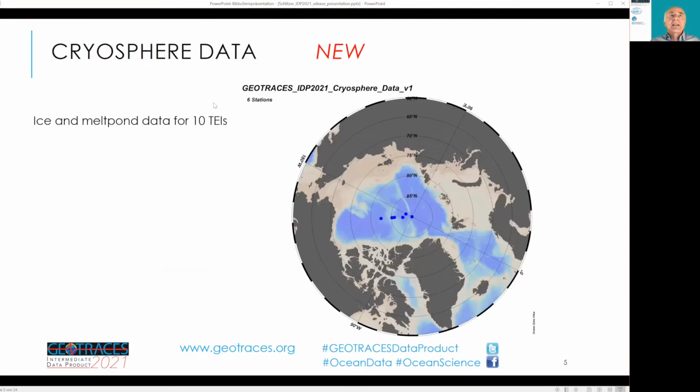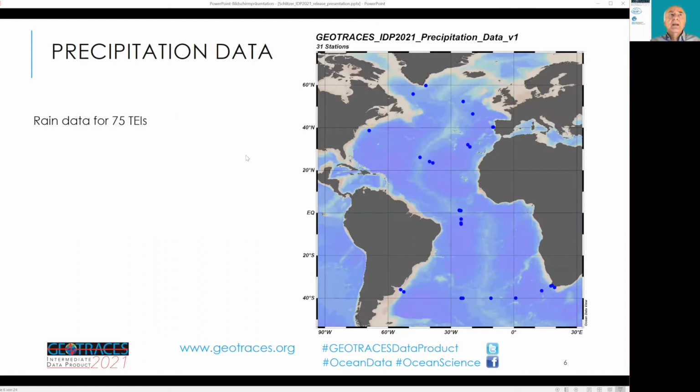The cryosphere data is a new data set in IDP 2021. Presently, it's relatively small, containing only a few stations in the Arctic that have data for ice and melt pond, in total 10 TIs. We anticipate that this data set will grow in the future.